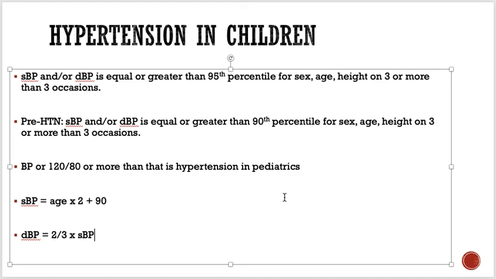The most common cause of nephritic syndrome in children, which I already talked about in the previous lecture, is PSGN or post-streptococcal glomerulonephritis. And the most common cause of nephrotic syndrome in children is MCD or minimal change disease. So remember, post-streptococcal glomerulonephritis is the most common cause of nephritic syndrome, whereas minimal change disease is the most common cause of nephrotic syndrome in children. The rest, everything is the same. There is no difference, even the management is somehow the same.